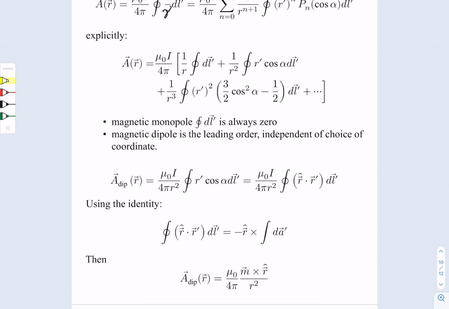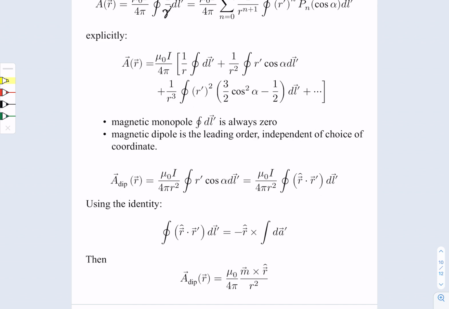So the magnetic dipole can be written down here. This is simply the P1 cosine alpha. And now the cosine alpha can be written as r hat dot r prime hat.